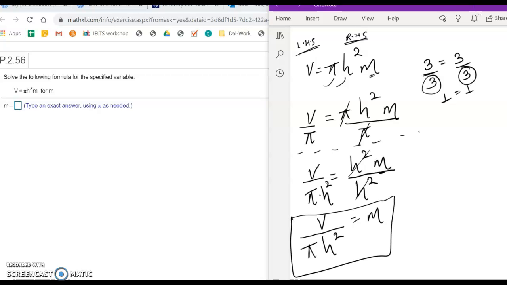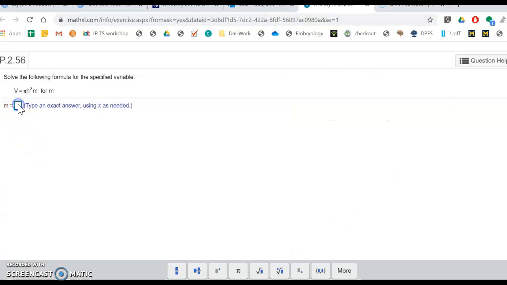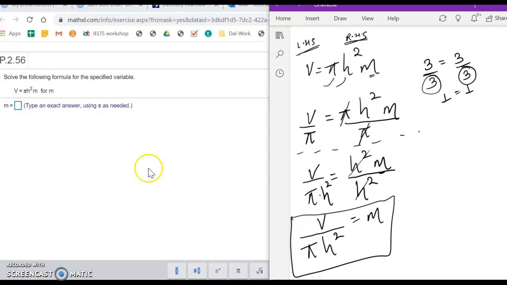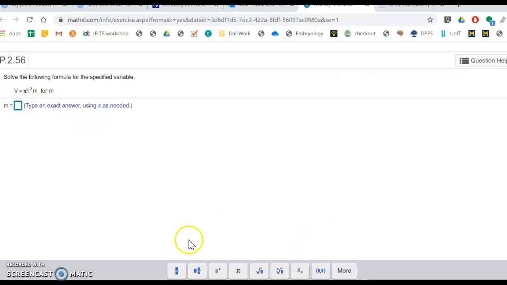Now let's feed it into MyMathLab. So we go right here and click on the screen and say, okay, what was it again? V upon pi h square. So we will say we need this kind of fraction. On the numerator, we want V. On the denominator, we want pi.